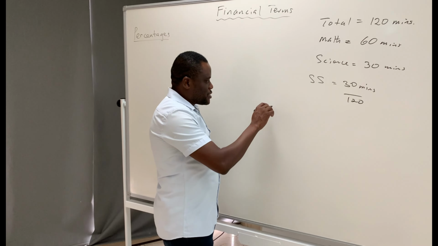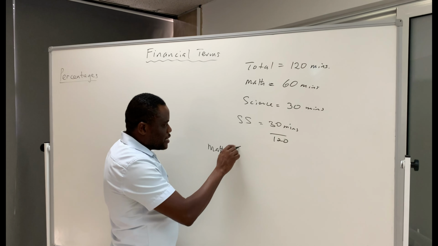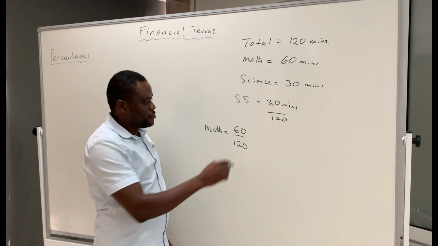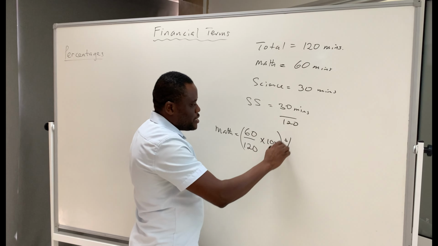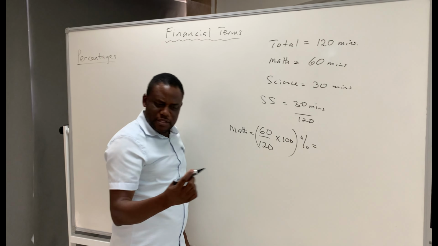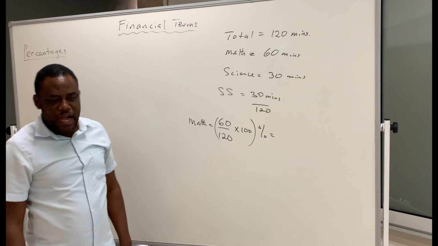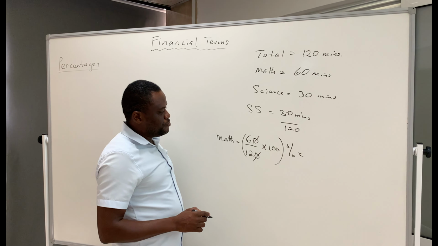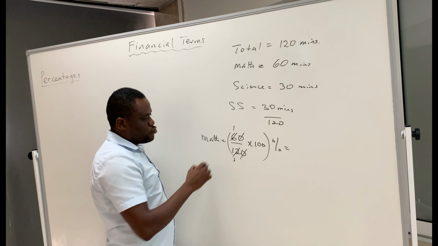Now, for math, that is 60 by the total number times 100 in percentage. So 0 cancels, this is 0. 6 goes here 1, 6 goes here 2.